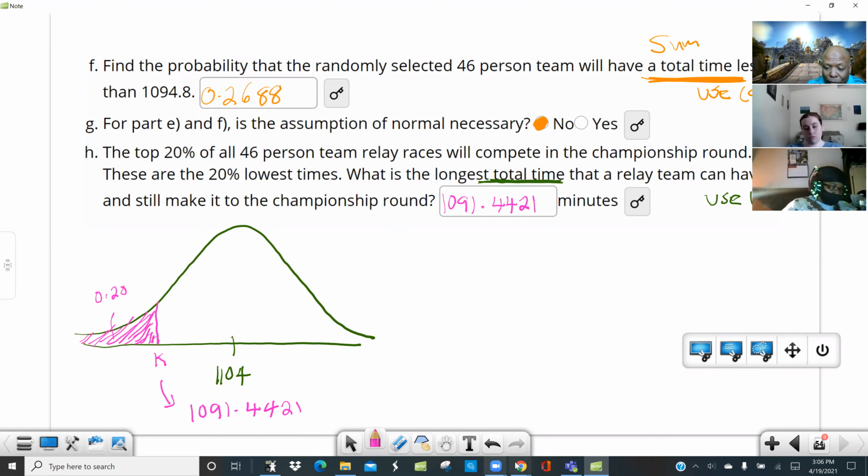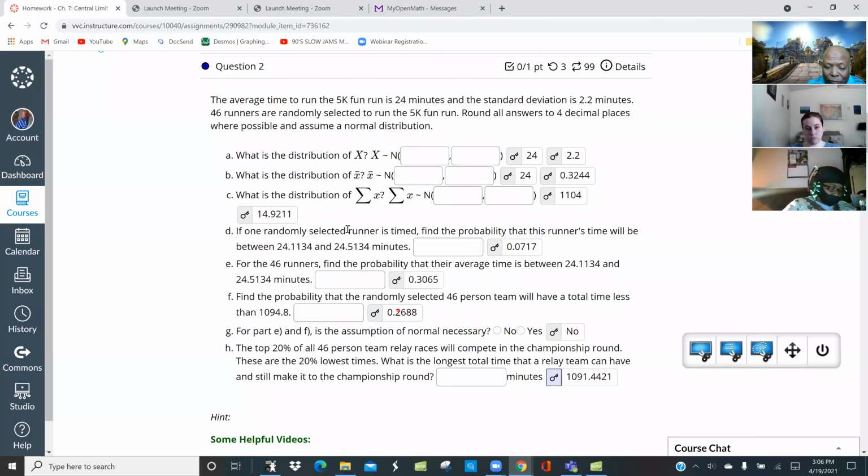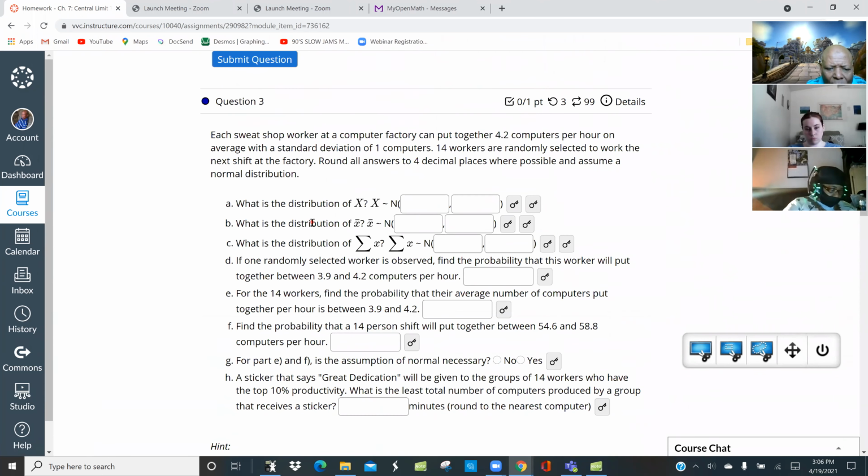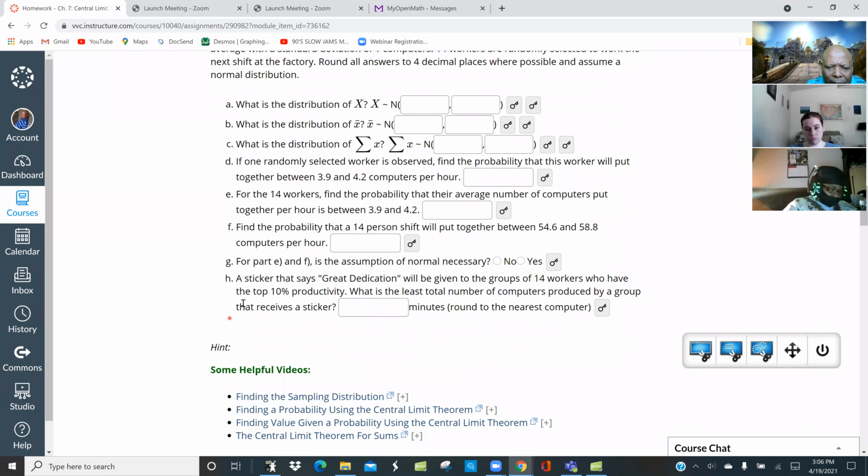So this example should really walk you very carefully through this. Let me just say something. Let me look at the last part of this example. It says a sticker says great dedication.